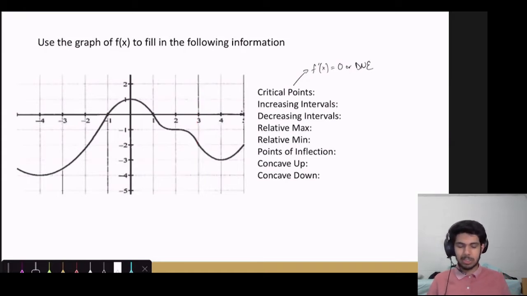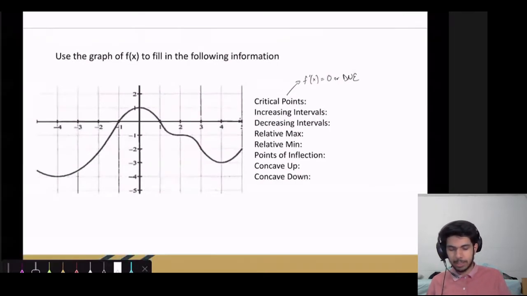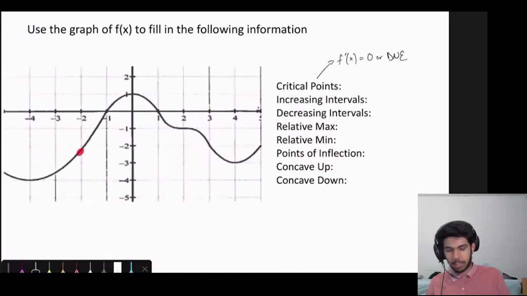So we can just look at this graph and choose a random point here. The tangent line looks something like that, and the slope of that line that I just drew is neither 0 nor DNE, so that's not a critical point. And it should be pretty easy to see that there are no points in which the tangent line is vertical.